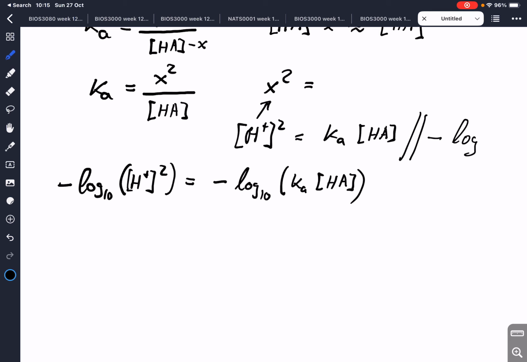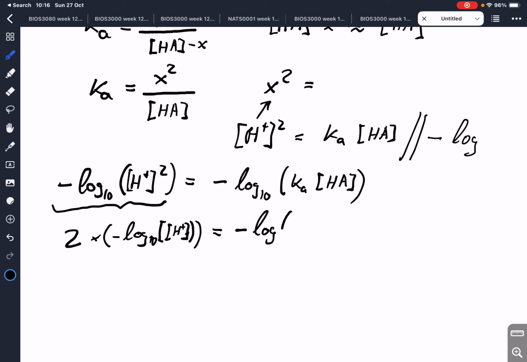Now we can apply the rules of a logarithm, and we can simplify this as 2 times negative log of the proton concentration equals negative log of Ka plus negative log of the acid concentration.